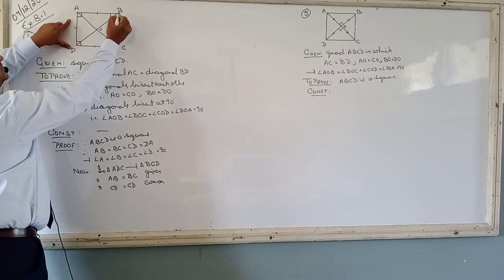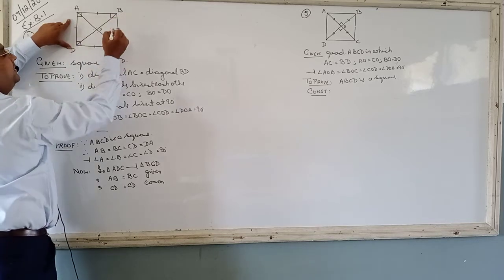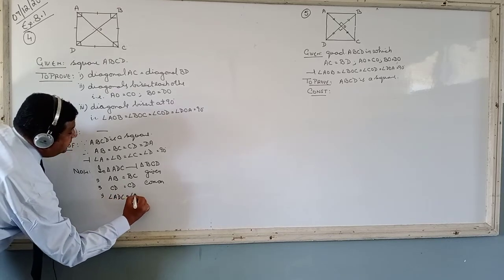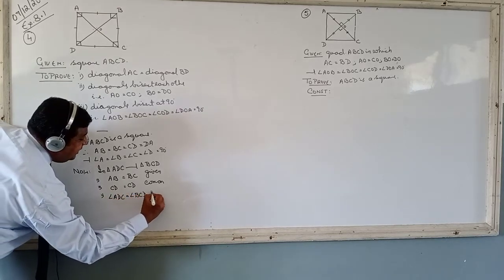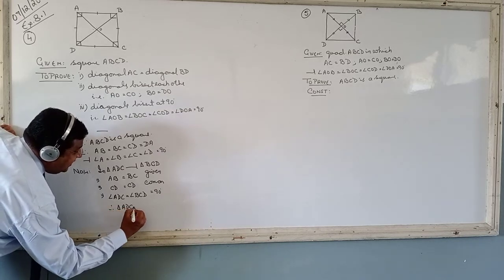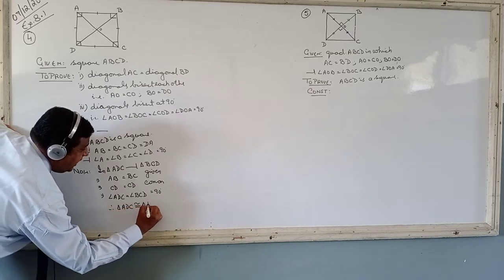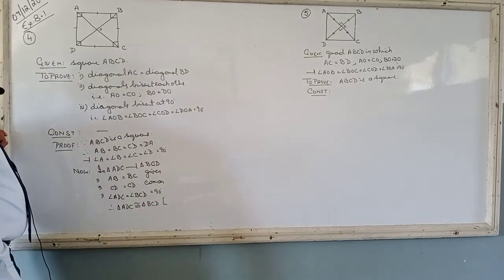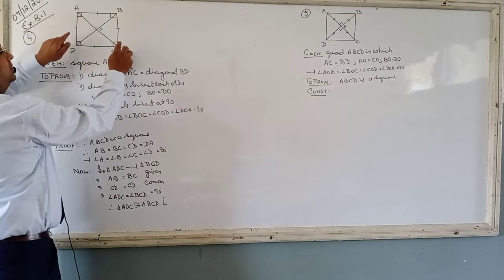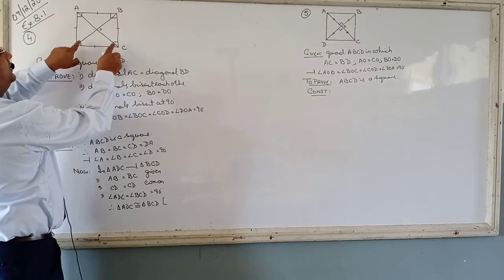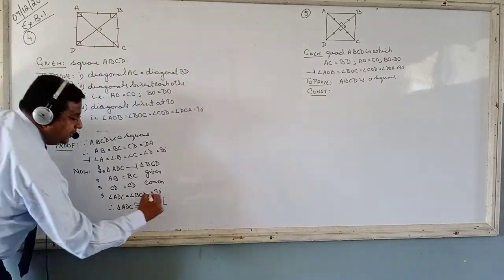And angle ADC equals angle BCD equals 90. So, therefore, triangle ADC is congruent to triangle BCD by what congruency? Side, angle, side. Two sides are equal and the angle included between them is equal.